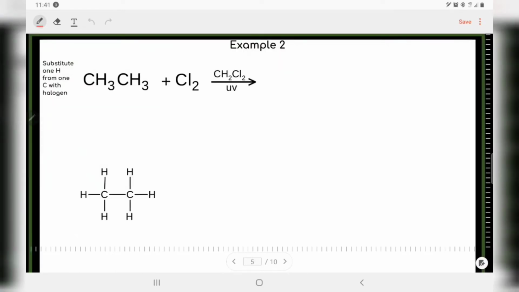Example 2, we have ethane. So this is the expanded structure for ethane. We will replace one hydrogen from each carbon with Cl. So carbon number 1 we will remove the H at the top of carbon 1. So we will form the product CH2Cl CH3.